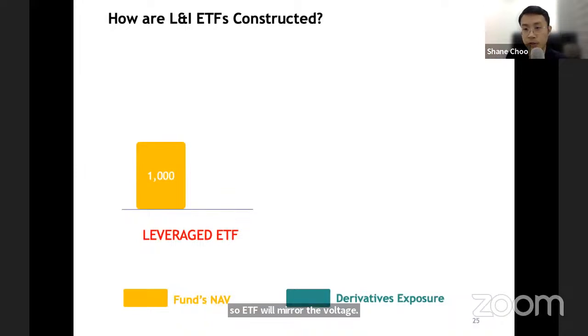But for leverage and inverse ETFs, which we call gear funds, they don't really hold the real equities. What they do is use derivatives, be it swaps, futures or options, to get the magnified exposure. So for instance, let's say the fund has about 1,000 ringgit net asset value.